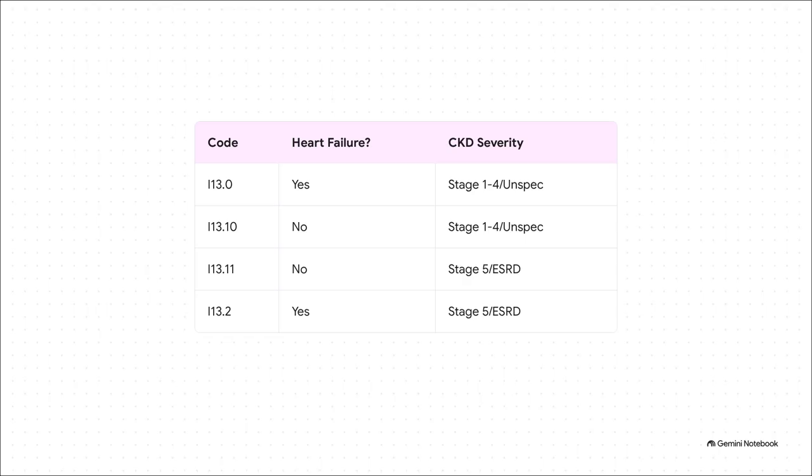If there's heart failure and mild to moderate CKD, boom, you land on I-13.0. If there's no heart failure, but mild to moderate CKD, it's I-13.10. Now, if the CKD hits stage 5 or ESRD, but there's still no heart failure, you use I-13.11. And finally, the most severe combination, both heart failure and stage 5 or ESRD, brings you straight to I-13.2. It's basically a perfect matrix.